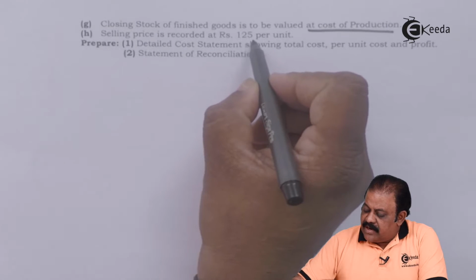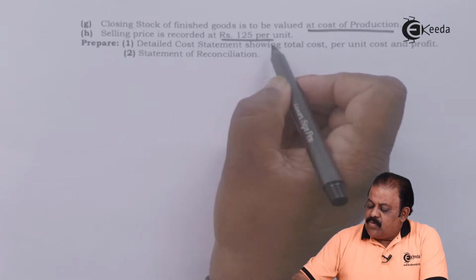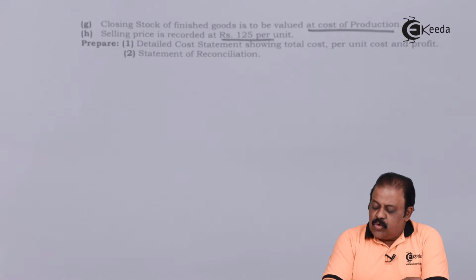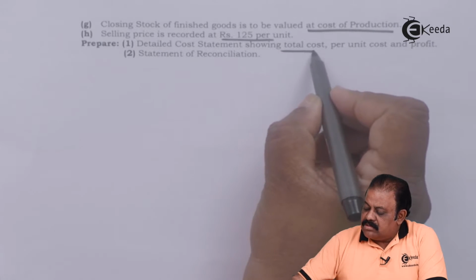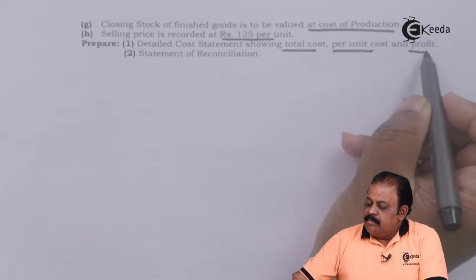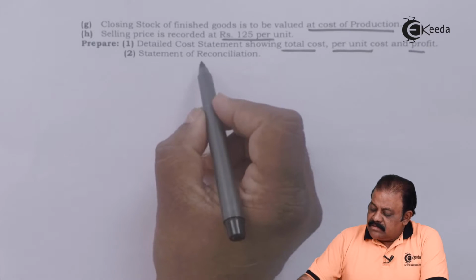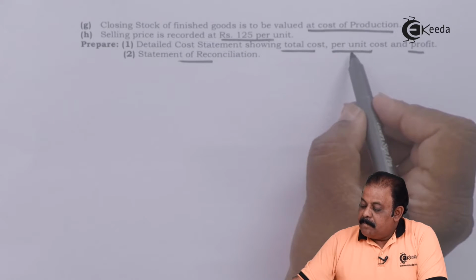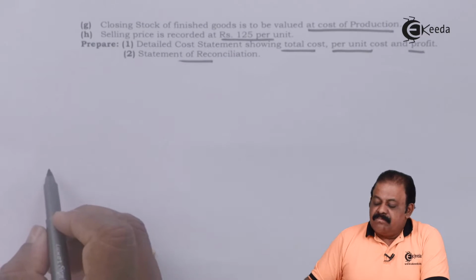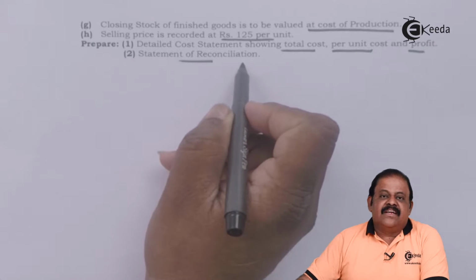Selling price is recorded at rupees 125 per unit sold. Prepare detailed cost statement showing total cost, per unit cost and profit. And secondly, statement of reconciliation.